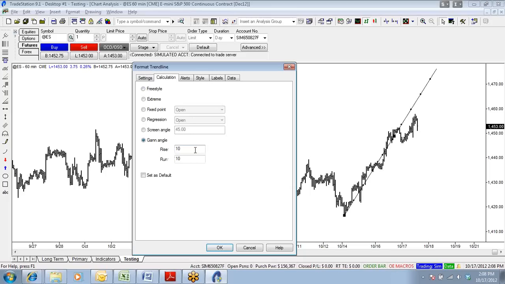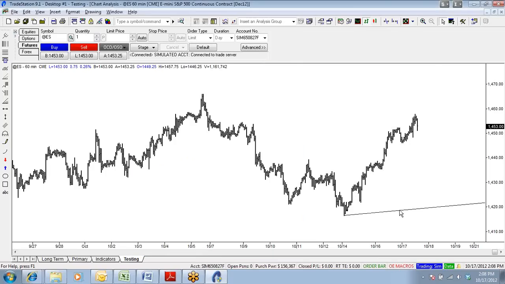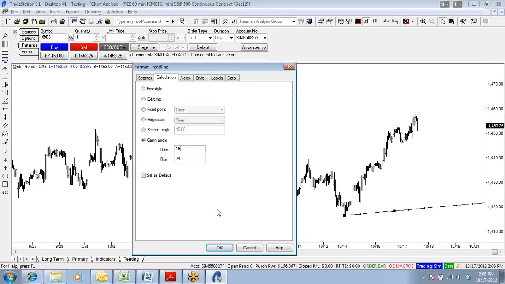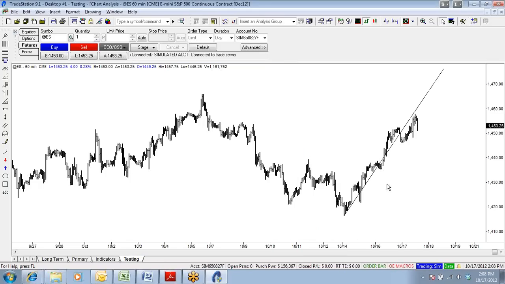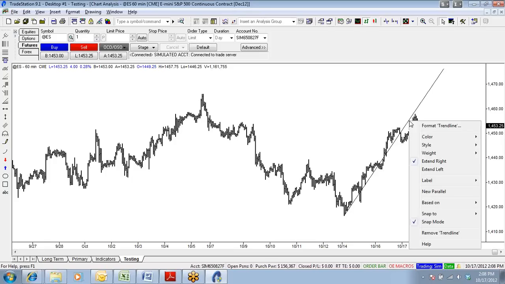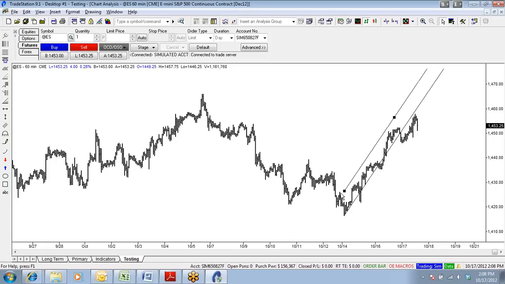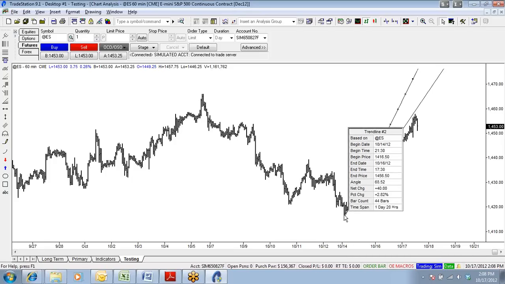I would always start, for example, with the 1 by 1, which is really the 1 by 24, and you can see that's way down here. It's not really relevant to the current action, so I would immediately jump up to, let's say, the 16, and okay, that's a little bit more relevant trend line, right? So that helps me, and I'll start drawing down from there.